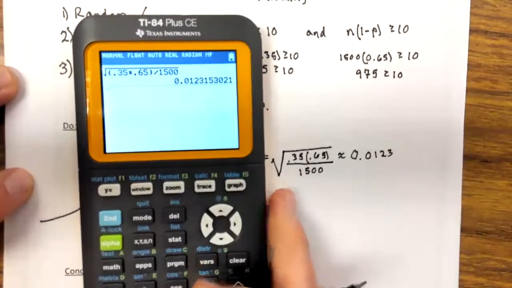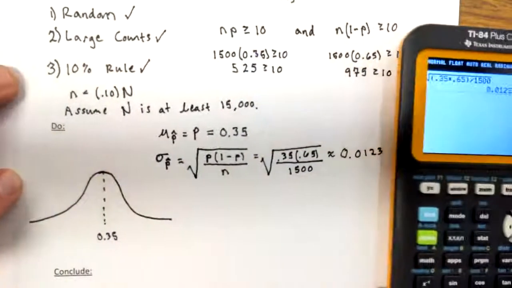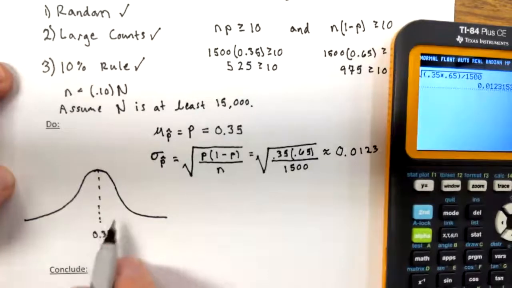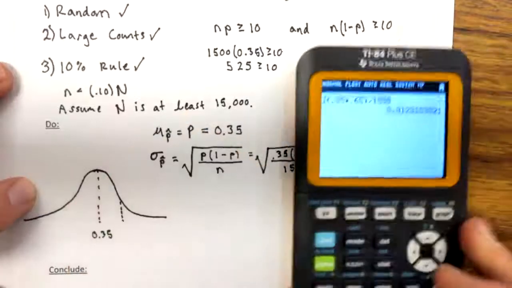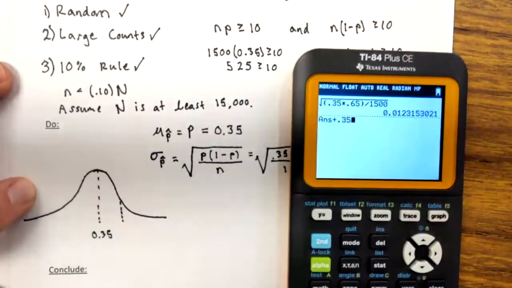So going back to our normal distribution then, for a sampling distribution of p-hat, we can say that one standard deviation away, that value would be at 0.3623.